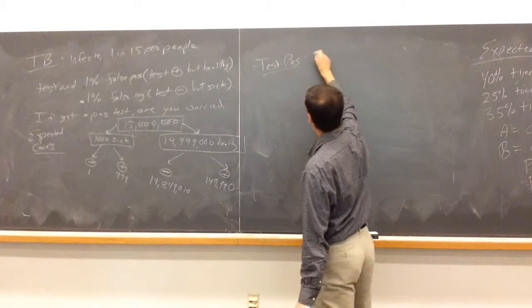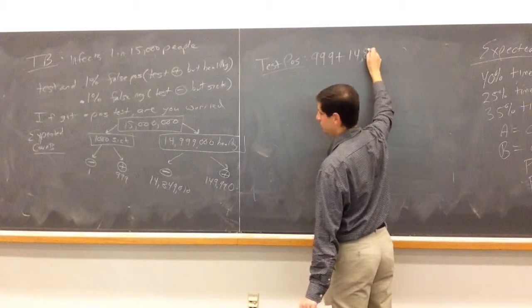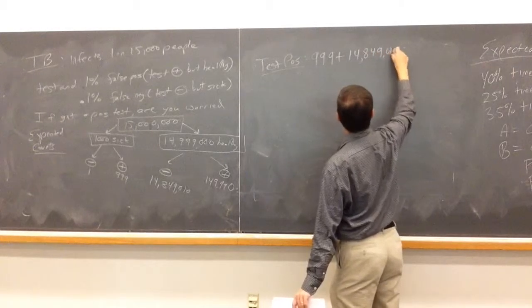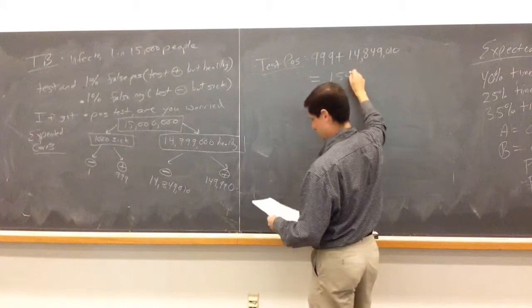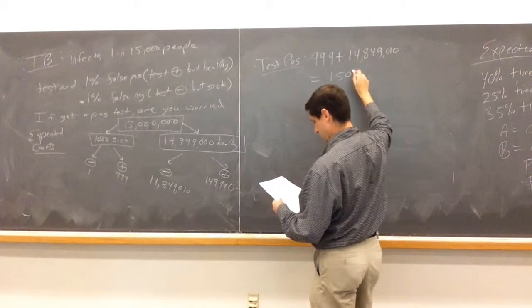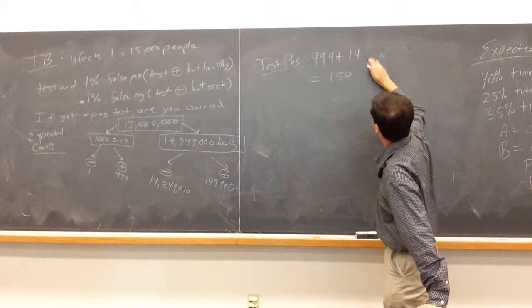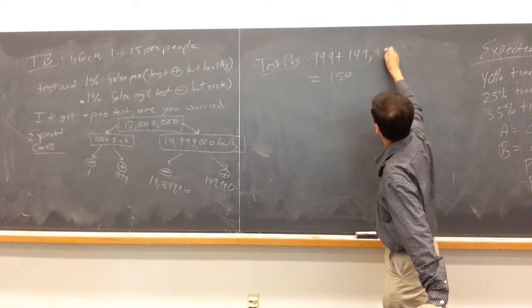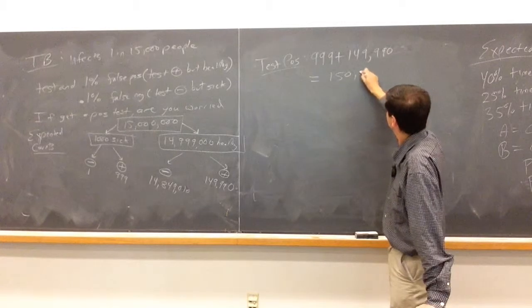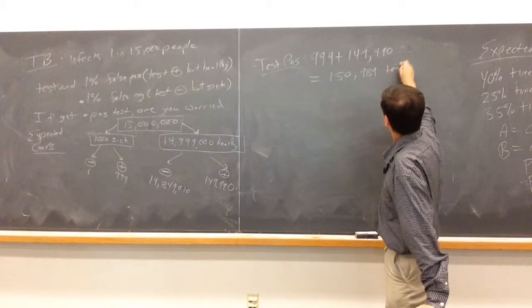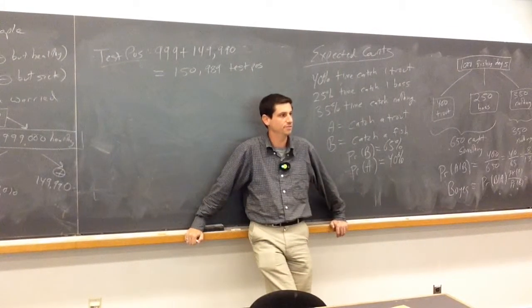So there's going to be 999 who are sick and, oh, I'm sorry, I wanted the positive, 149,990. And now when I add them together, I get 150,989. So about 150,000 will test positive.